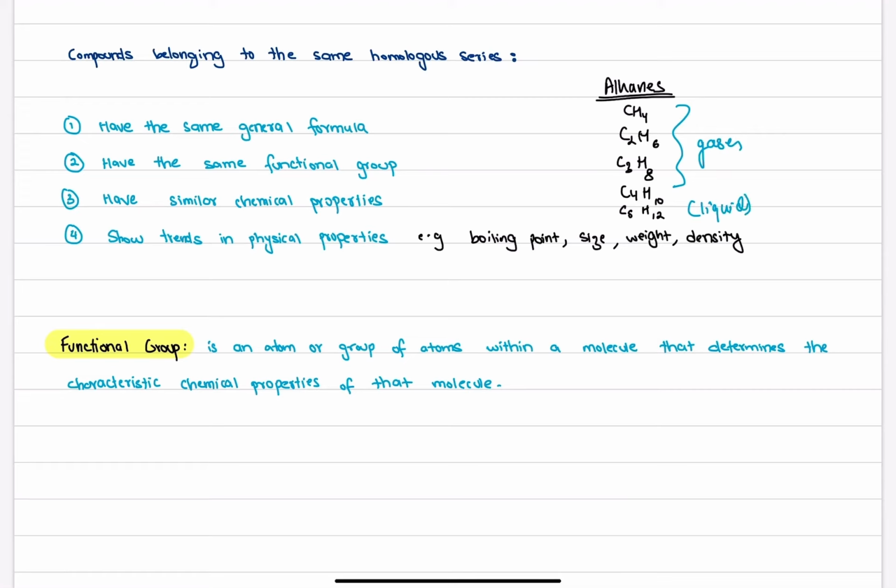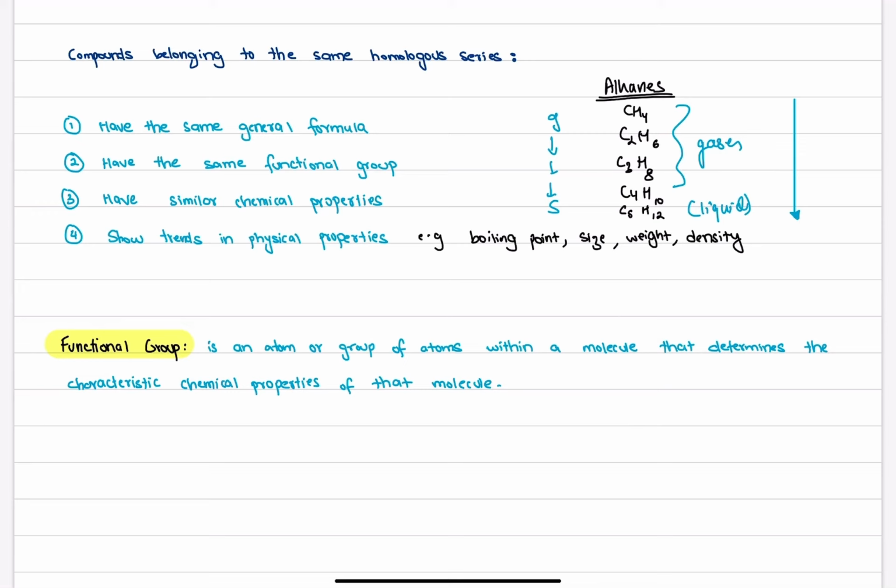And what that tells us is that as we go down the homologous series of alkanes, our state is changing from gases to liquids to solids. So this is one example of how these organic compounds in the same homologous series actually show a trend in their physical properties. In this case, the trend is in basically your physical state.